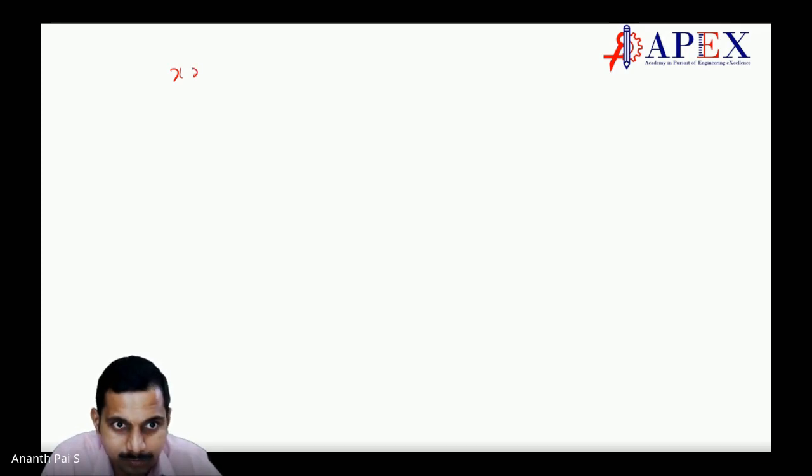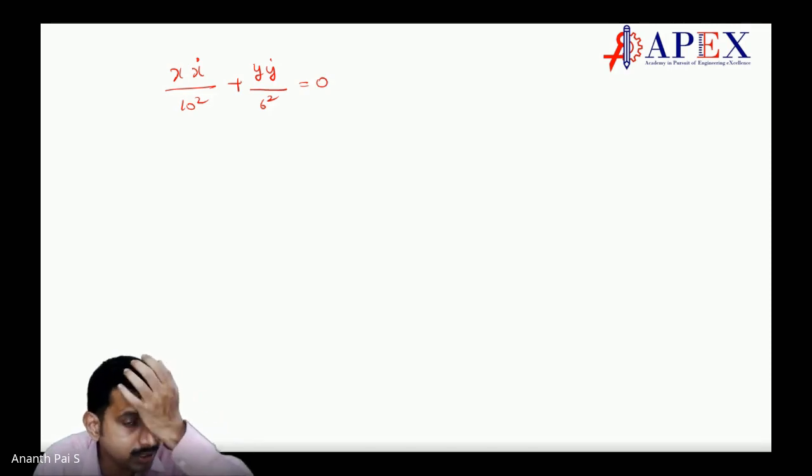Very important. x dot divided by 10 square plus y into y dot divided by 6 square is equal to 0. Now when you differentiate this again, what will come?